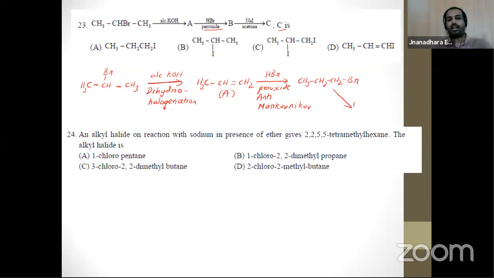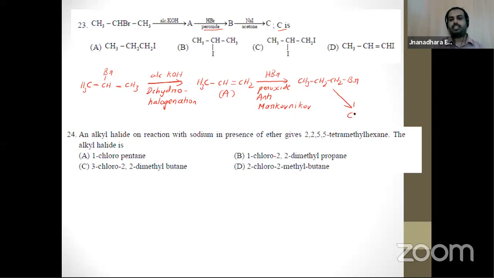So you get 1-iodopropane, CH3, CH2, CH2I. This is the Finkelstein reaction.